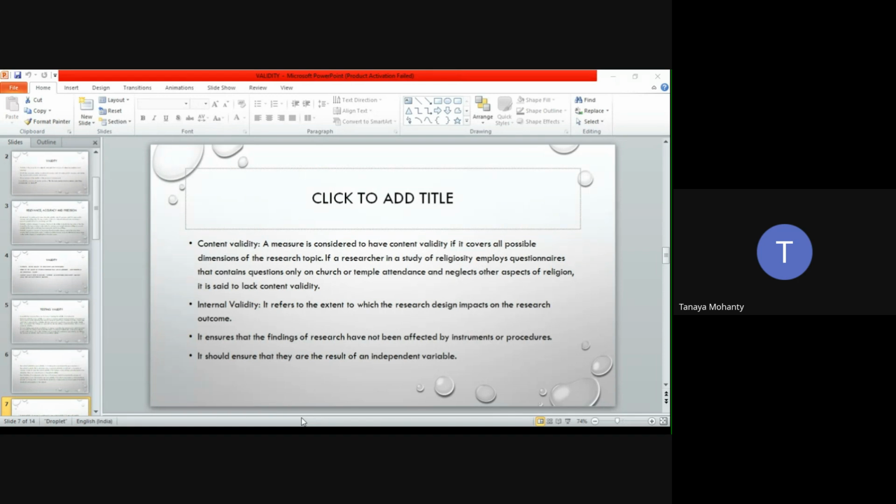Is my design affecting my research outcome? It ensures that the findings of research have not been affected by the instruments or procedures. The procedures that I have taken up for conducting my research, is it affecting my research outcome in any way?